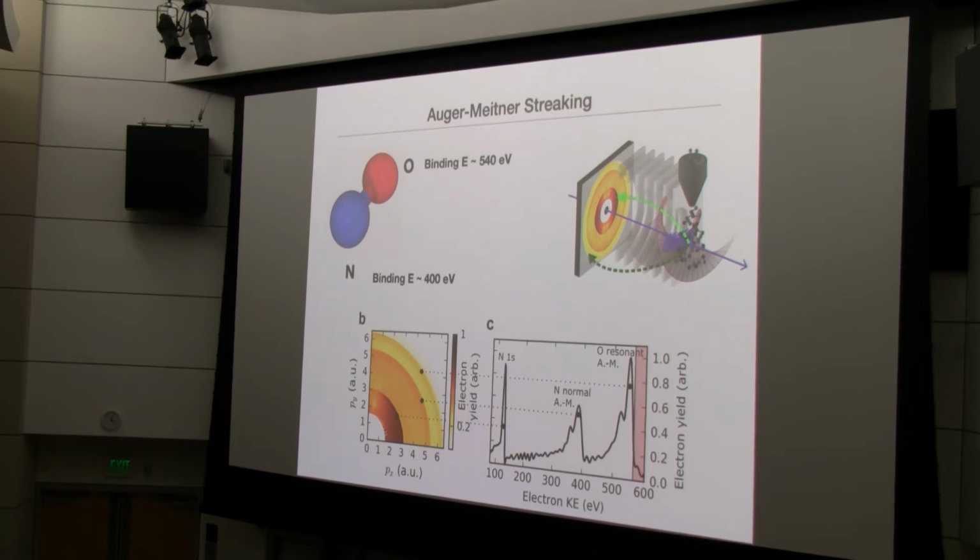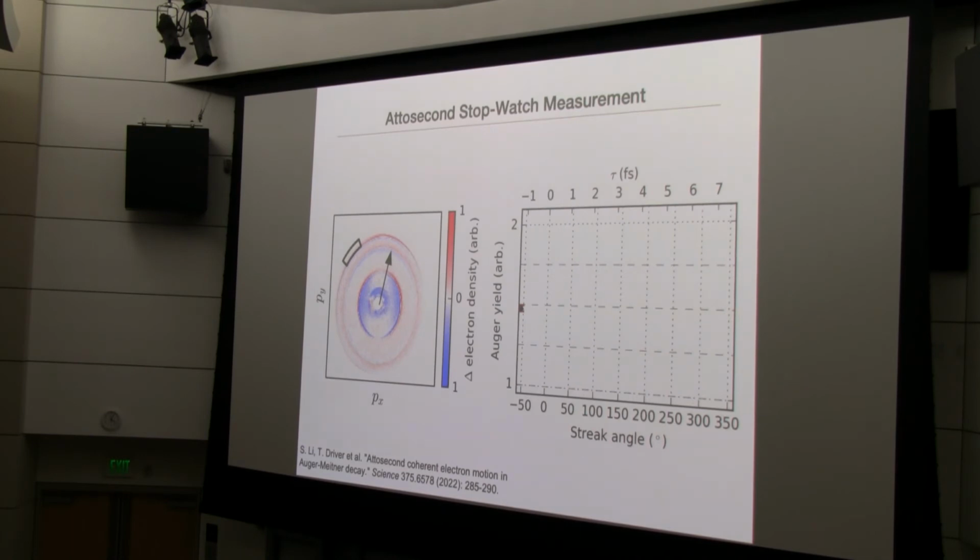Now, the beauty of this experiment is that we actually have a starting point for this whole interaction, which is the nitrogen photoelectrons. These electrons come out of the molecule at 100 eV roughly, so it means that they come out of the molecule almost instantaneously. So we do not have synchronization between the laser and the X-ray. For every shot, we have to determine at what time the X-rays arrived.